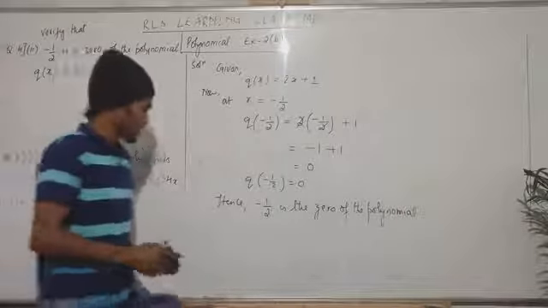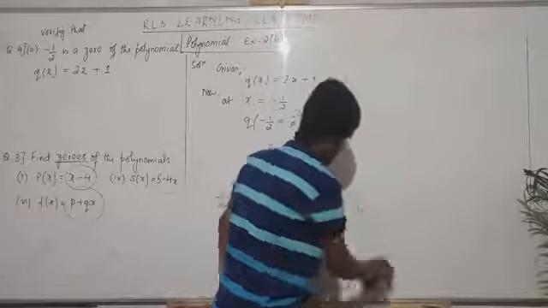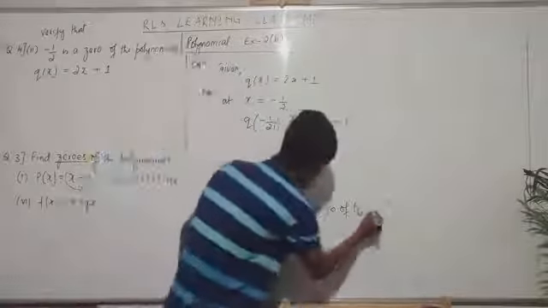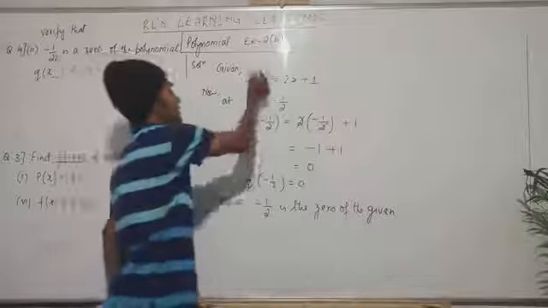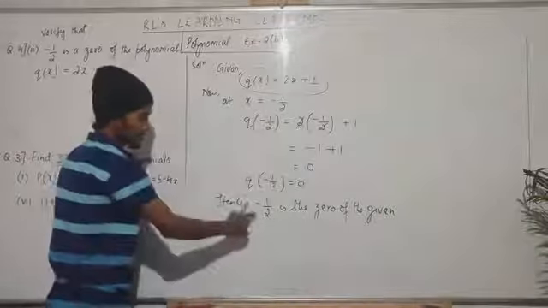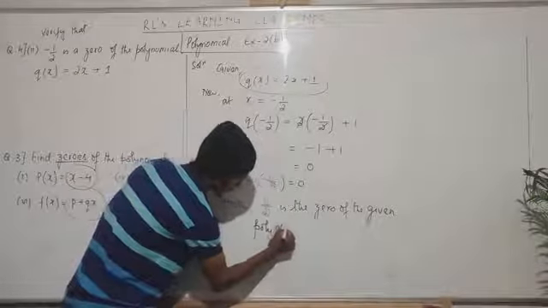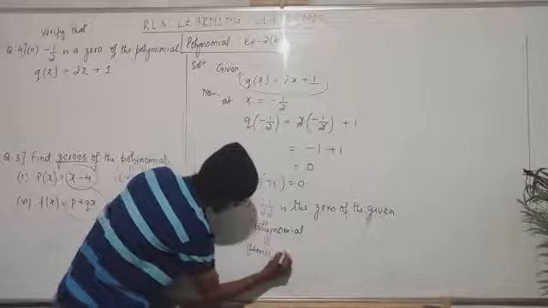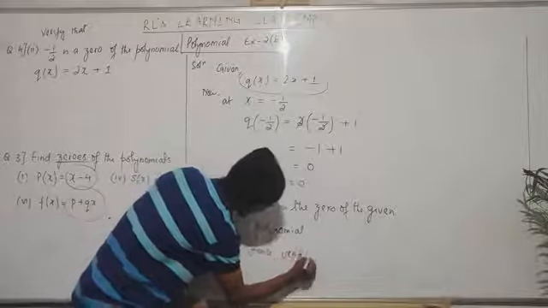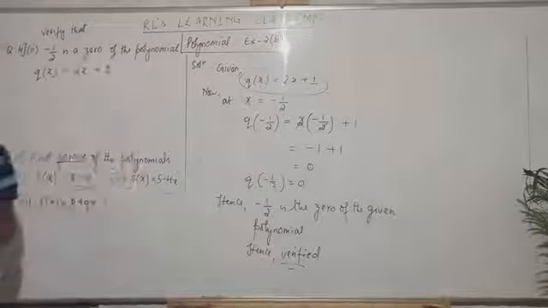I'll put this: minus 1 by 2 is a zero of the given polynomial. What is that given polynomial? This one. Minus 1 by 2 is a zero of the given polynomial. And hence verified. Now this question is very, very simple.